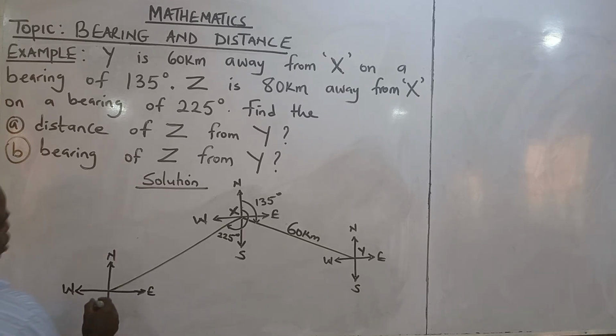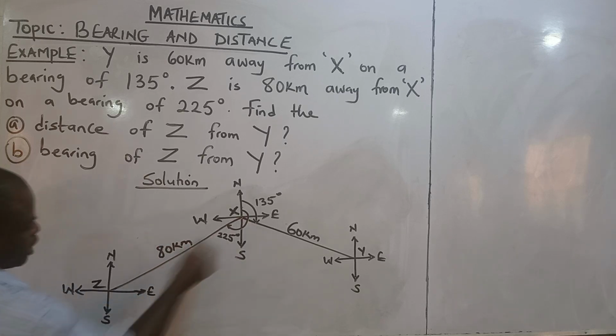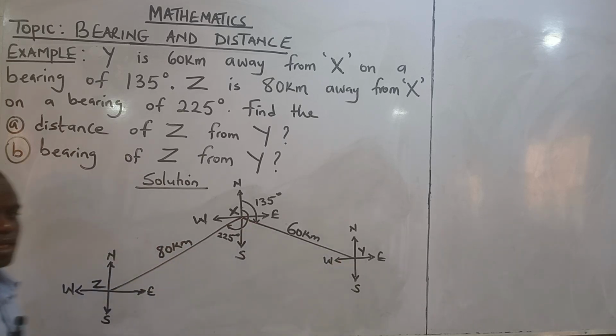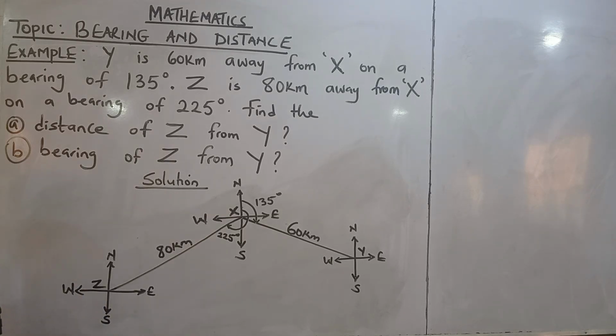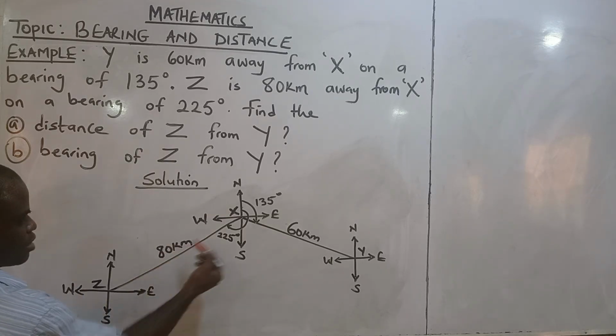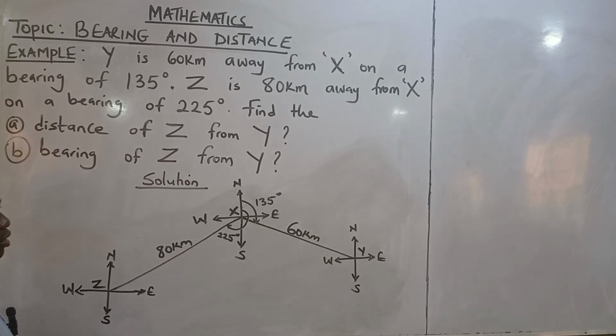And we are told that this point is z. Is that okay? And the distance is 80 kilometers. You can see the line is longer than this other line because of the distance given. It might not be to scale, but we should know that 80 kilometers is longer than 60 kilometers.